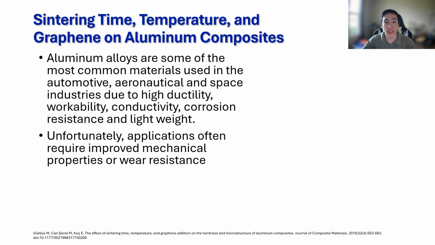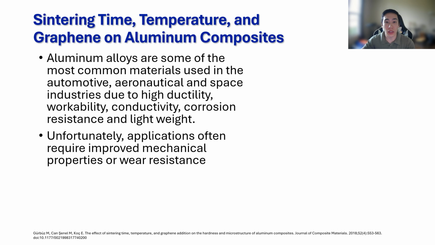Vickers hardness is readily used in industry, especially as a quality control tool, but it can also be key in finding the next generation of materials. For example, in Gerbuz et al., where the effects of sintering time, temperature, and graphene nanoplatelet concentrations on aluminum composites are explored.